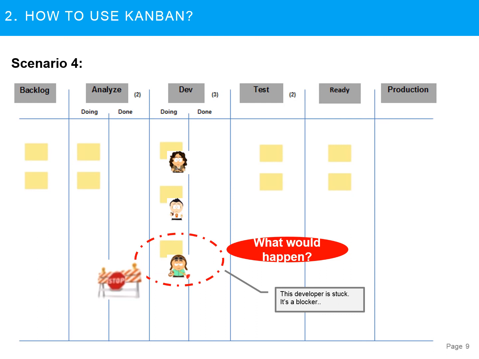And number 2, analyzers would eventually become idle because they are expected to give work to 3 developers and now can only give work to 2 developers. So basically there would be an oversupply there. So in this scenario, maybe one of the senior developers, when he's done, can go and work with the developer that's stuck.